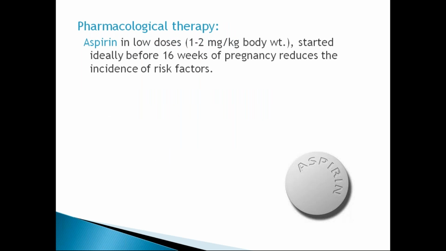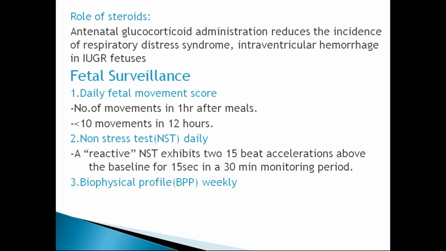In IUGR patients, 75 to 100 milligrams of aspirin can be given from 12 weeks or 16 weeks onward, which increases the blood supply to the baby. Steroids also have a role in improving fetal lung maturation, especially for respiratory distress syndrome if you are planning early termination.